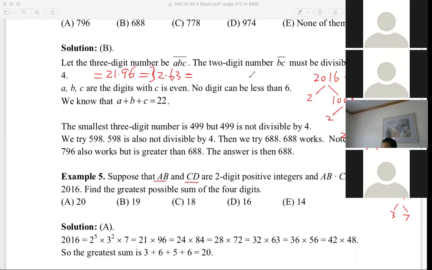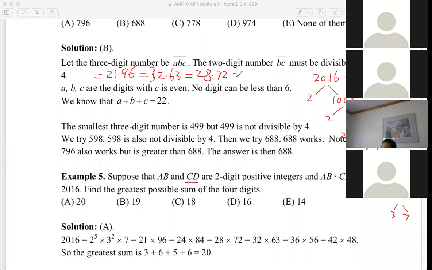Then let's say 9, if we use, let's say, 4 times 7, that's 28, right? 28, so here, that would be 8 times 9. 8 times 9, that's 72.